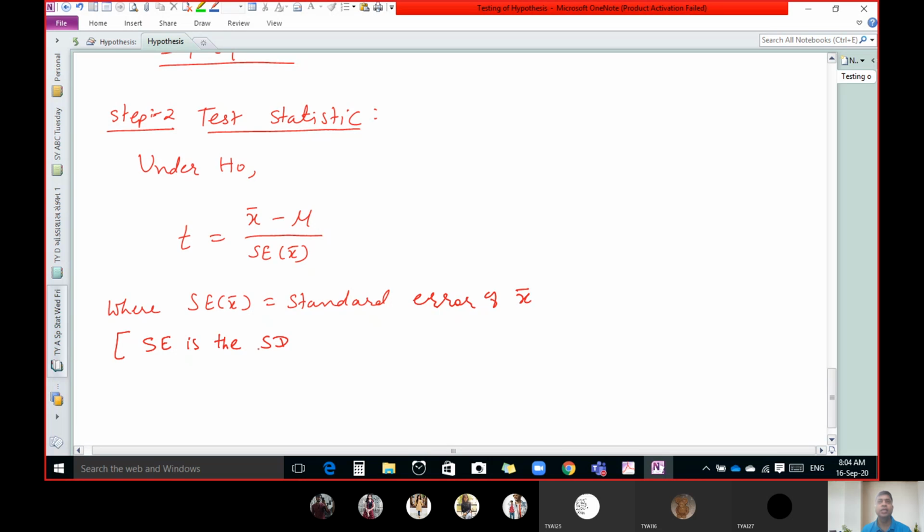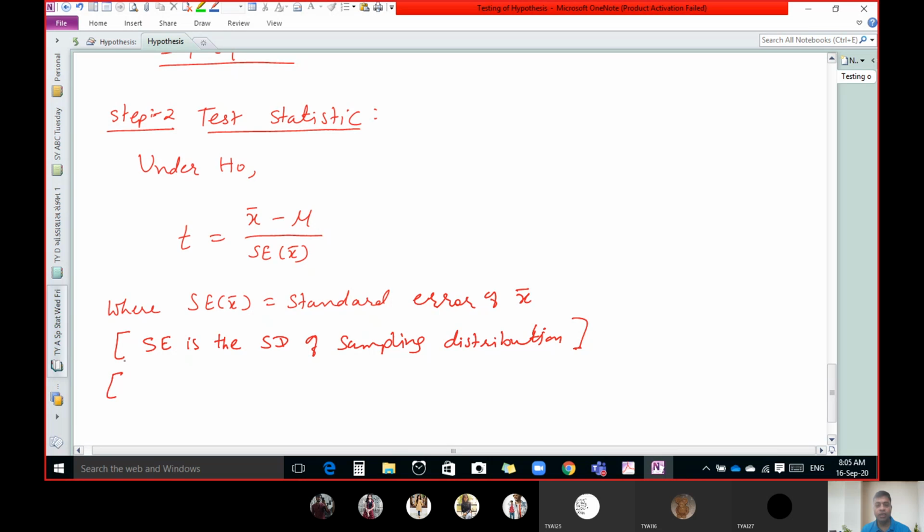of the sampling distribution. Standard error is the standard deviation of the sampling distribution. Now the question is, what is sampling distribution?